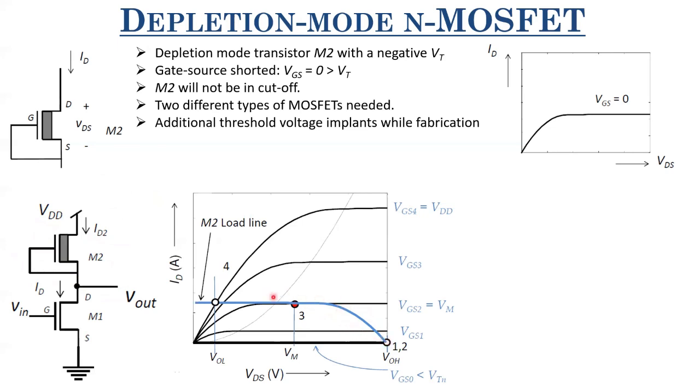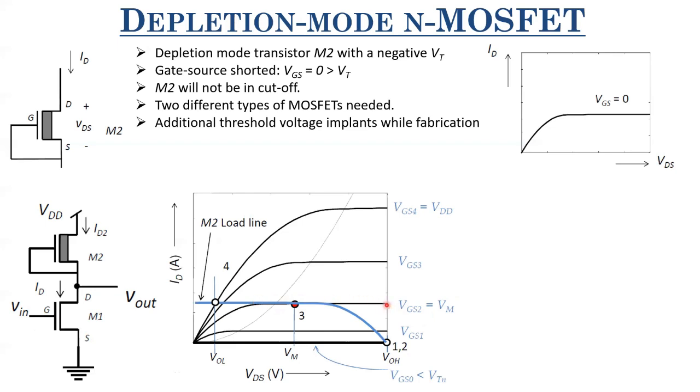Also, since this is convex, you can see that for VGS equal to VM, you see a large number of intersection points. If VM changes even slightly, if it is slightly higher like this, you have this intersection point. And if the VGS, which is the input to this M1, changes slightly, your curve will look like this, so your intersection would be somewhere here.